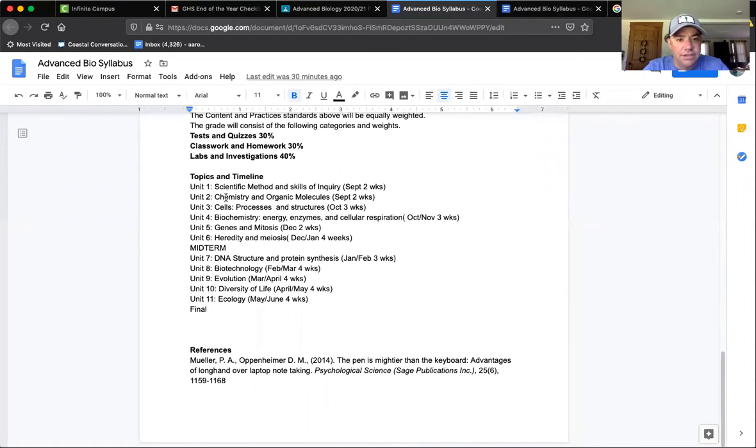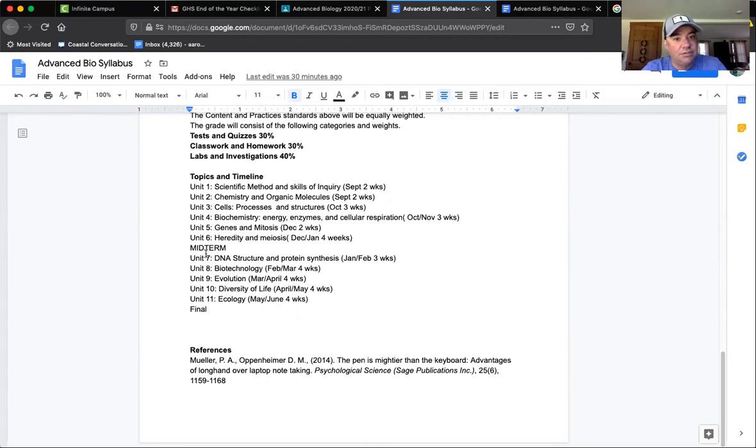So usually we start the year with the scientific method and skills of inquiry, just a basic review of material that you've done in the past. And then we get into biochemistry, the building blocks of living organisms. We simplify it as much as we can, although it is a complicated process, into 4 major types of biomolecules that make up all living things.